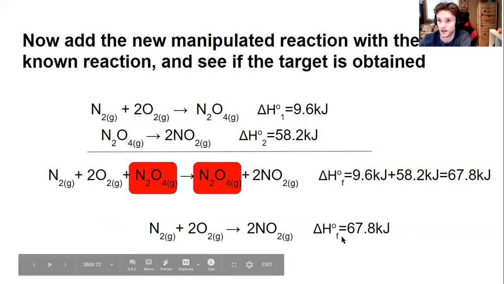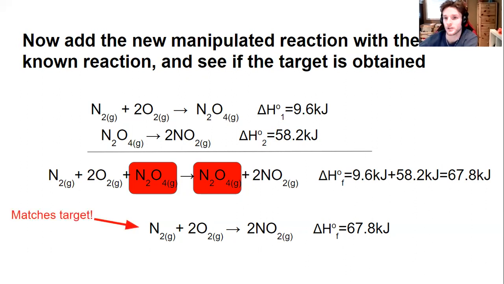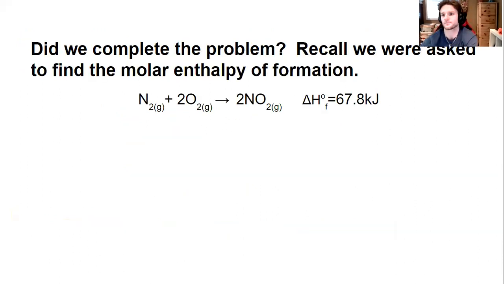Okay, now are we done? Matches our target. So we have a delta H. But recall what the question asked. At the beginning of this video, we said we were going to find the molar enthalpy of formation. So the key word in here is molar.